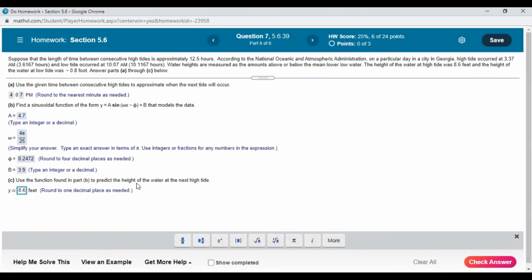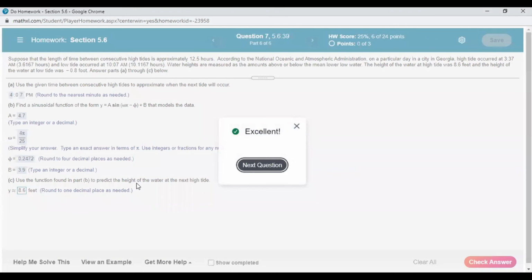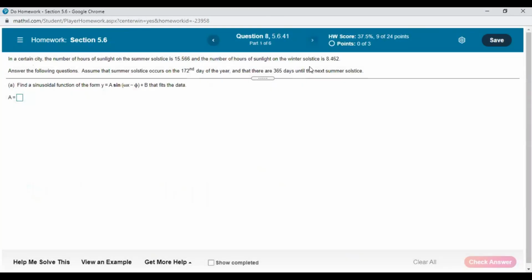If they'd given me a specific time and asked what the height of the water would be, then I would have to plug that into the formula. But the previous high tide will be the same as the next high tide, 8.6. So we're assuming these are purely periodic, which is not necessarily the case for actual tides. They are not always exactly the same amount each time, but that's the assumption that we're going to make here.